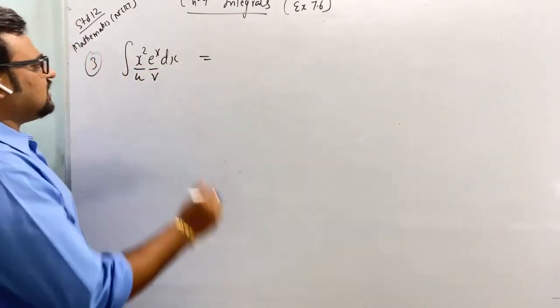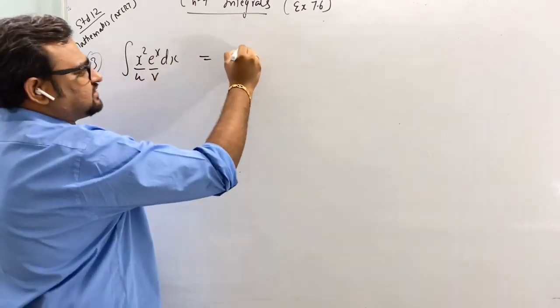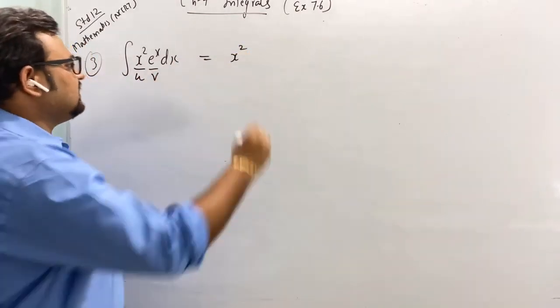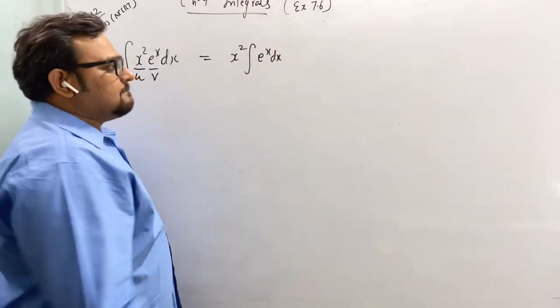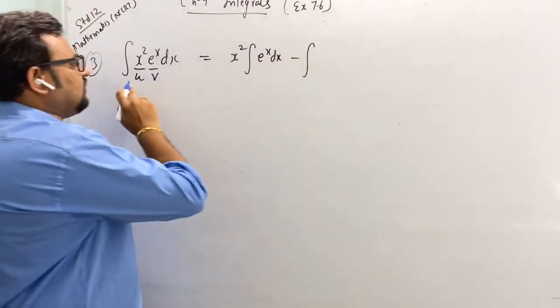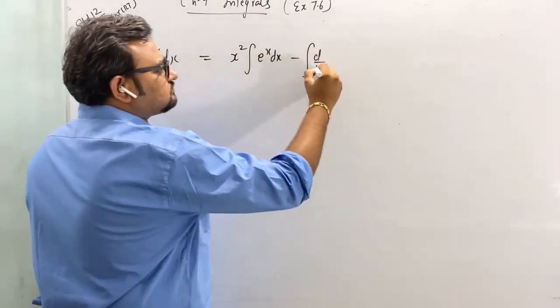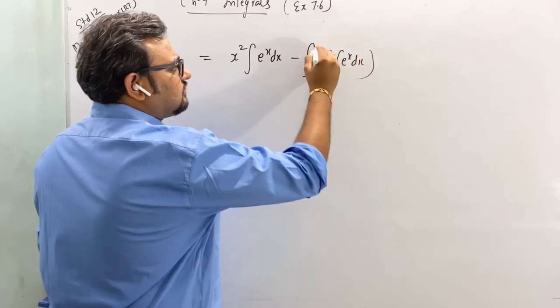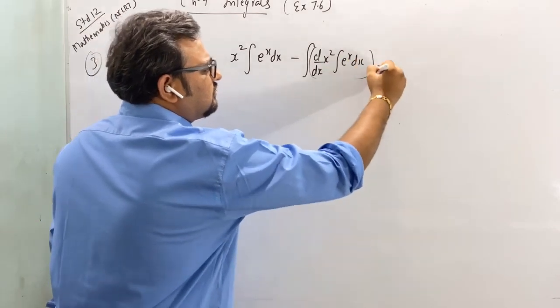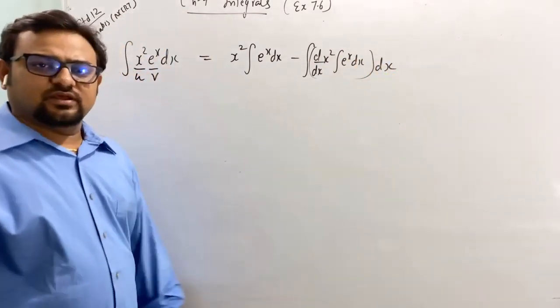So what was your formula? u as it is, so x square as it is, integration of v, so integration of e raised to x dx, minus integration of derivative of u, integration of v whole dx. Clear?